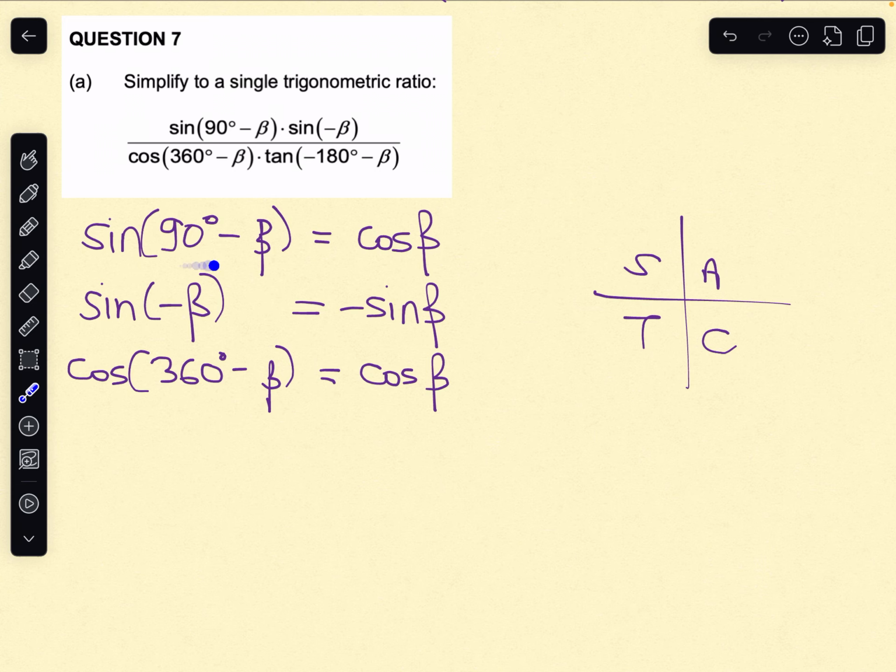So 90 minus beta is in this quadrant, so we know that the sine ratio of that angle would be positive, meaning that it's equal to positive cos beta.